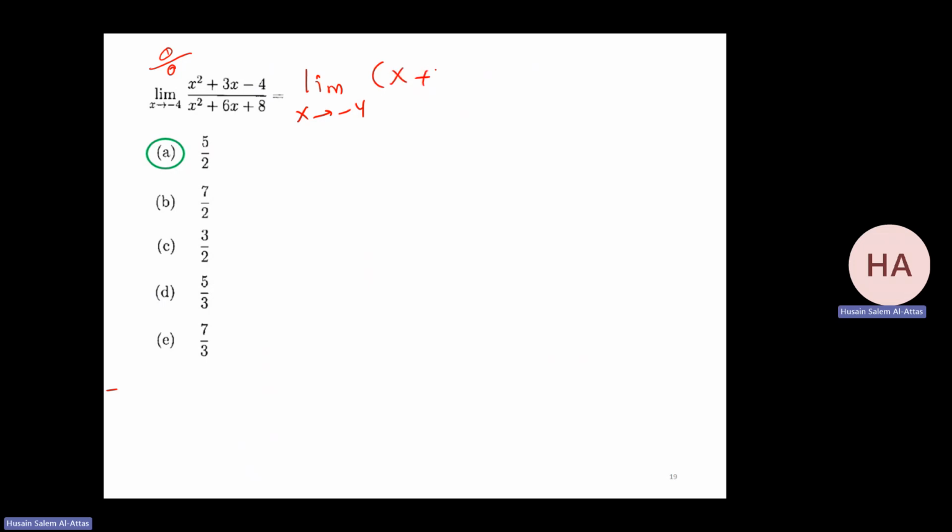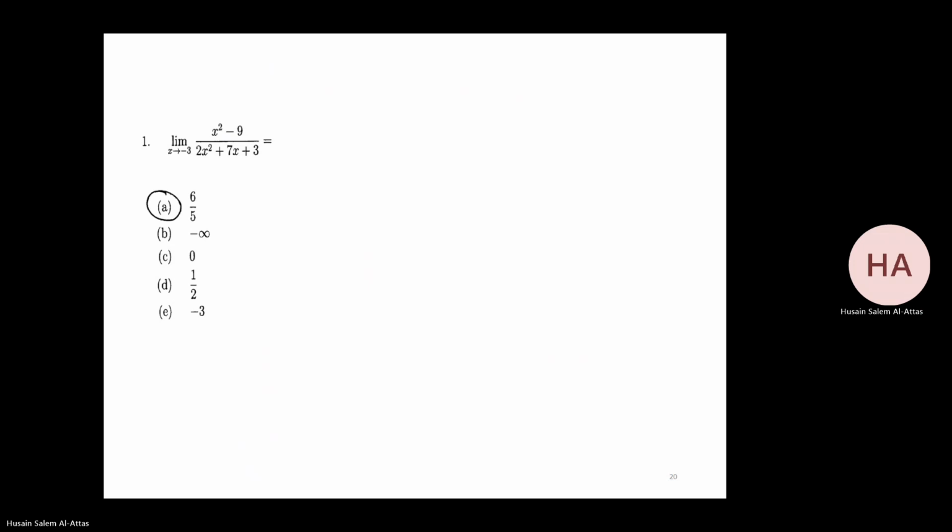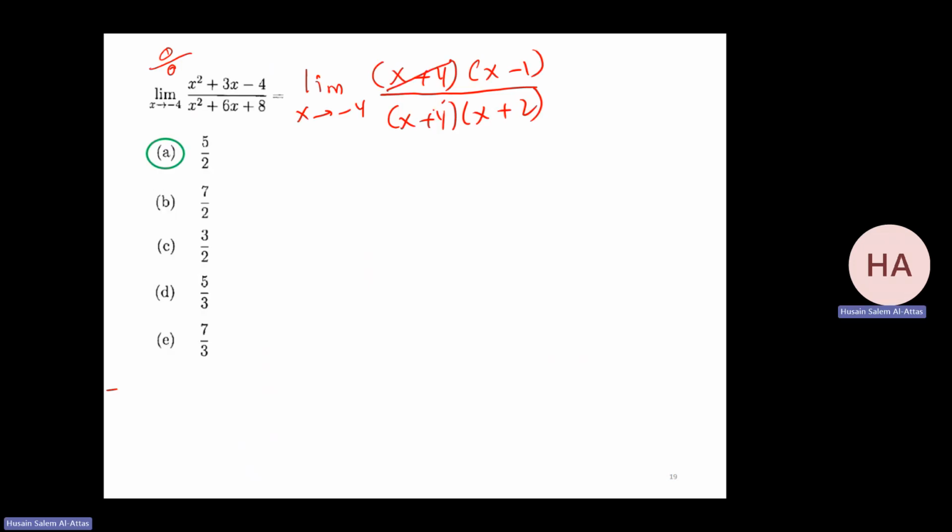You have x plus 4 times x minus 1 over x plus 4 times x plus 2. We cancel this. Substitute. You get minus 5 over minus 2. That gives me 5 over 2. That will be the answer.